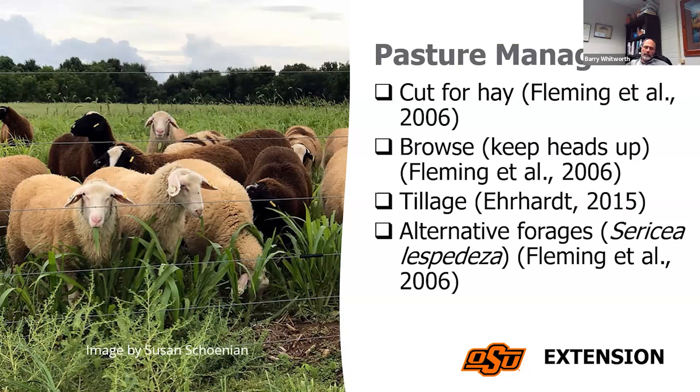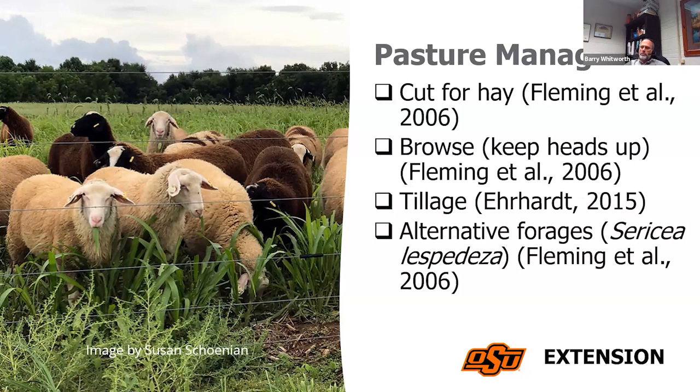You may have to plant something. This picture shows some type of sorghum or Sudan hybrid grass that they're eating, and that keeps their heads up, making them less likely to pick up those larvae. Tilling the ground, anytime we till that ground, we do a lot of damage to the parasites because they can't handle getting turned underneath into the soil.